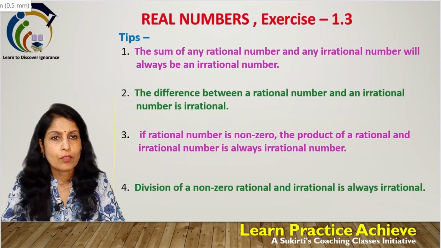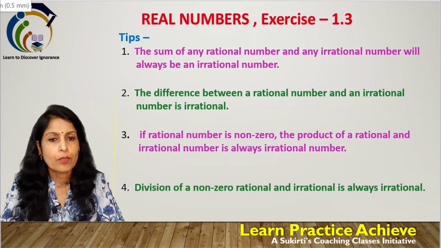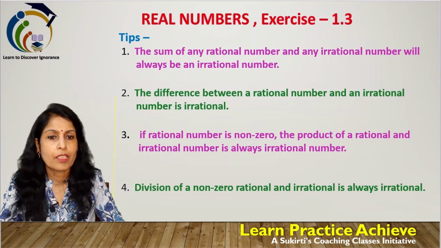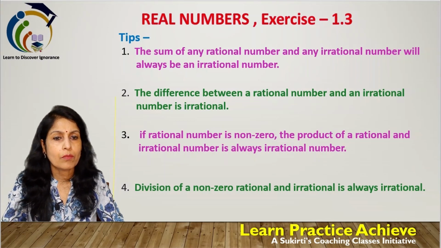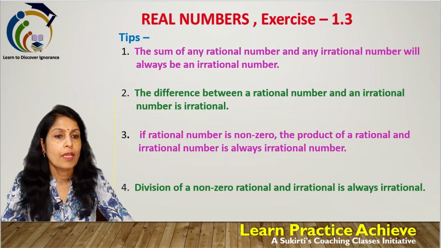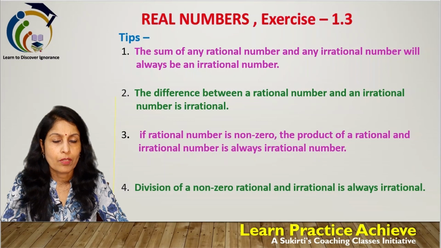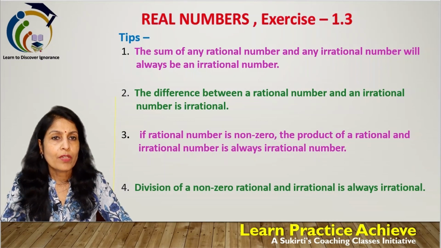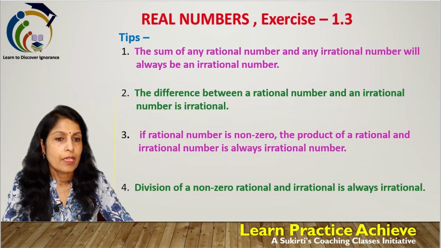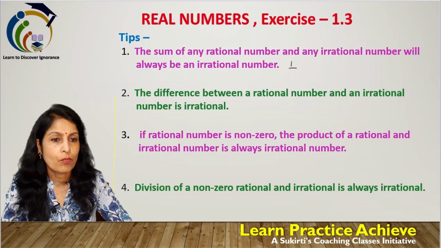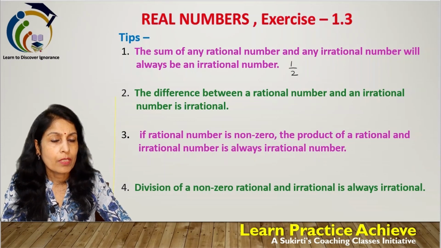Now related to this exercise, I will give you some tips. The first one: the sum of any rational number and any irrational number will always be an irrational number. If you take an example, let the rational number be 1 by 2 and the irrational number be root 3.